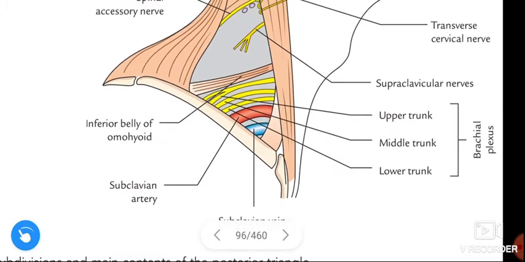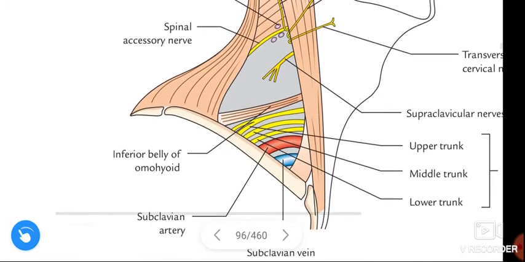We also call it the supraclavicular triangle. This is the clavicle and this triangle lies just superior to the clavicle, that means superior to the clavicle. This is about the subdivisions of the posterior triangle.